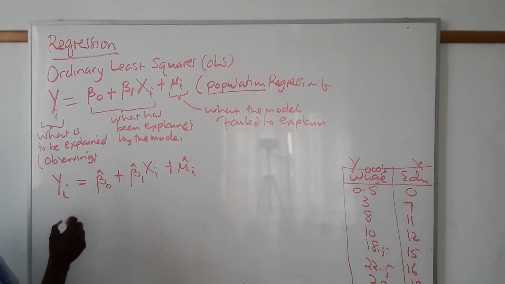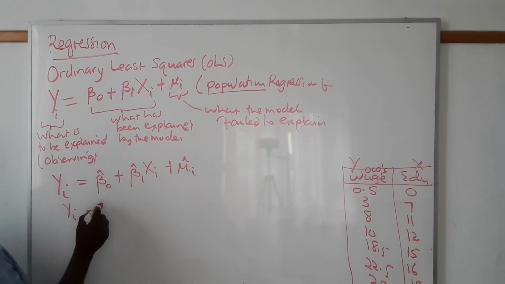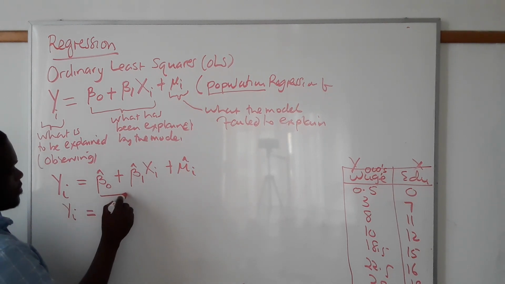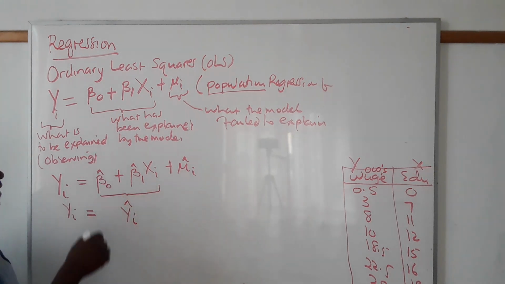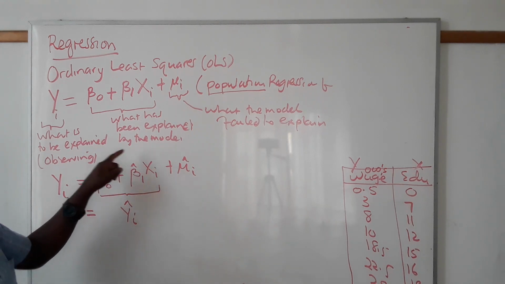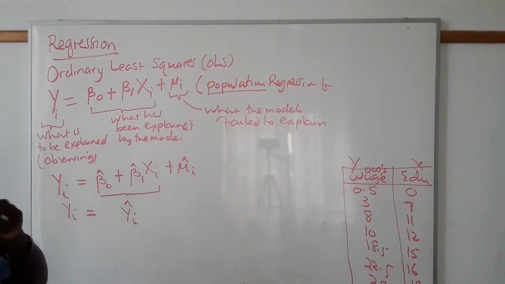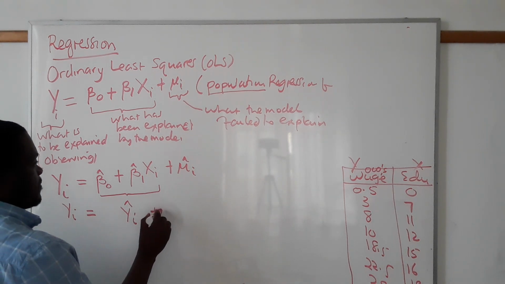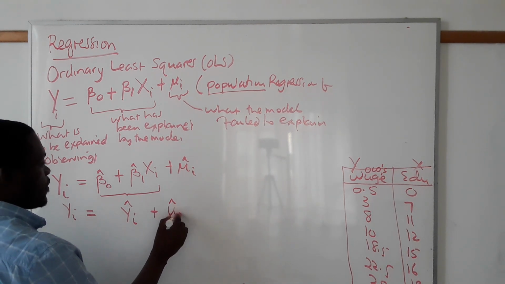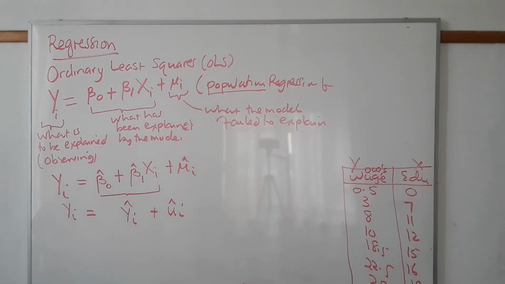Now, what this tells you then is that our yi is actually equal to this component here, which is your predicted y. So this particular hat you're seeing means it's something that has to be estimated from the sample. This is your predicted y plus your mu hat i.